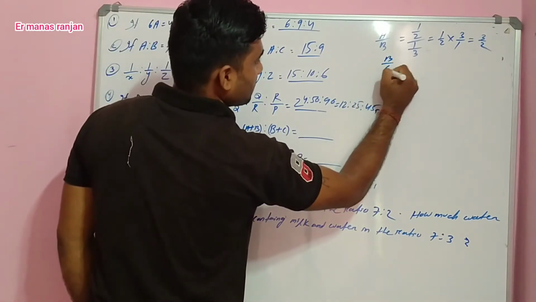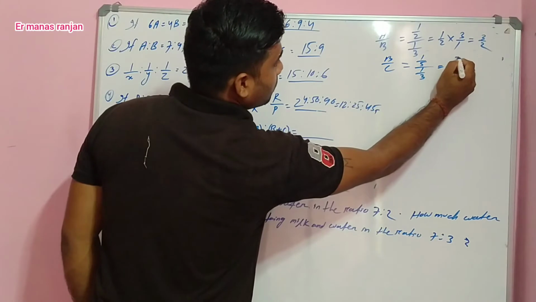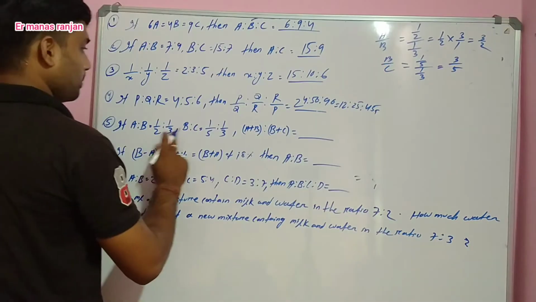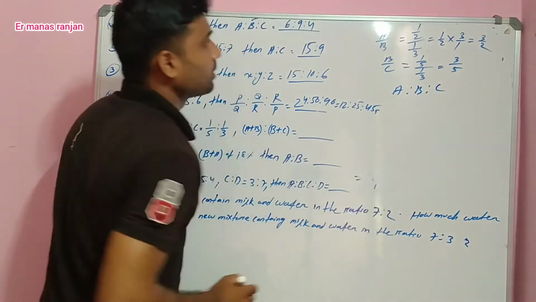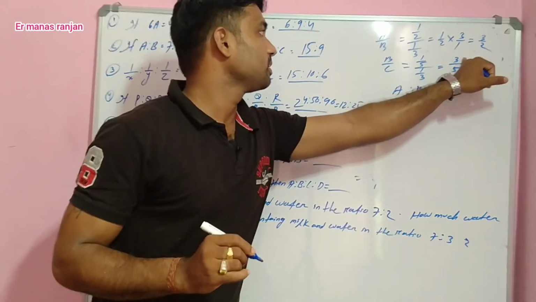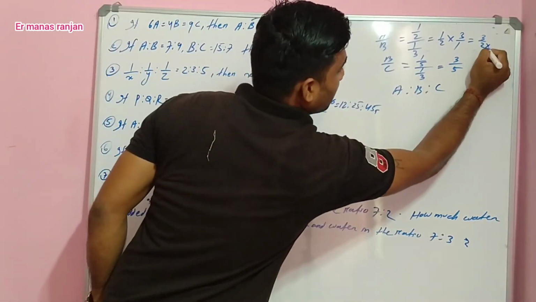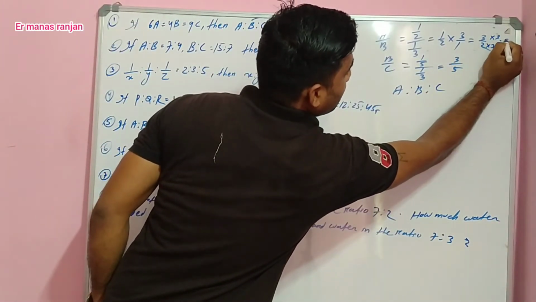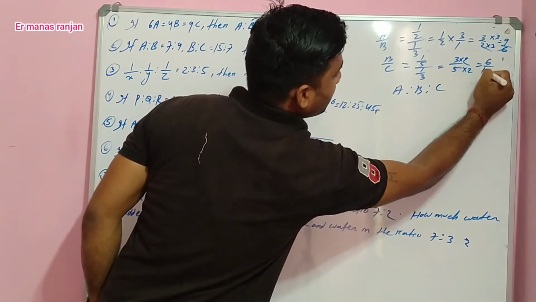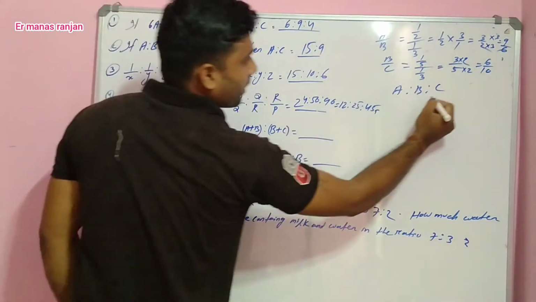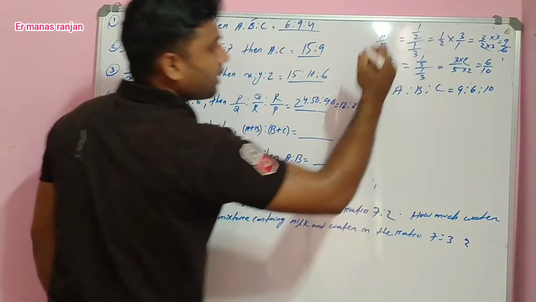Similarly, B by C equal to 1 by 5 by 1 by 3, that is equal to 3 by 5. But tell me A is to B is to C. Here B is 2, here B is 3, so convert into the same. Multiply, and A is to B is to C equal to 9 is to 6 is to 10.